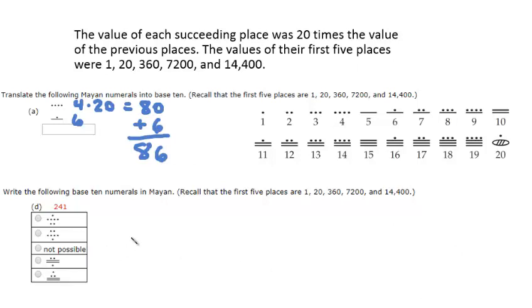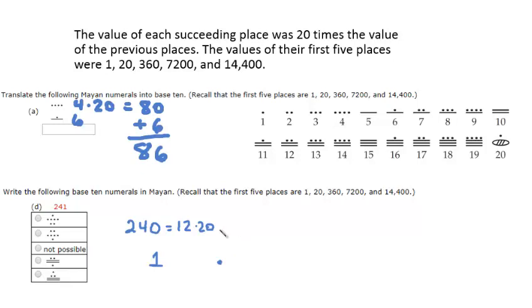Alright, so they want me to take the number 241 and put it into Mayan. So I look at this number as 240 and a 1. So my first thing is I would go look for a 1, and that's just a dot. For my next thing, could I make this in multiples of 20? And I can. This would be equal to 12 times 20, and their second place was multiples of 20.